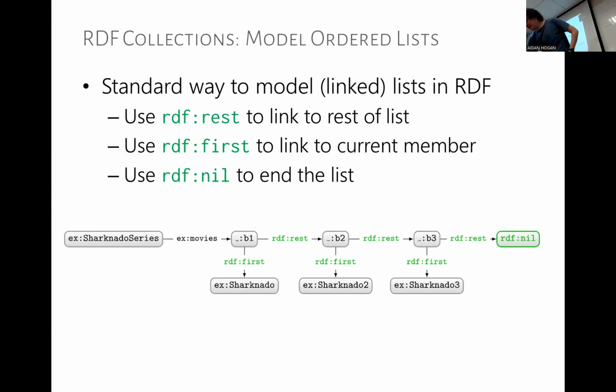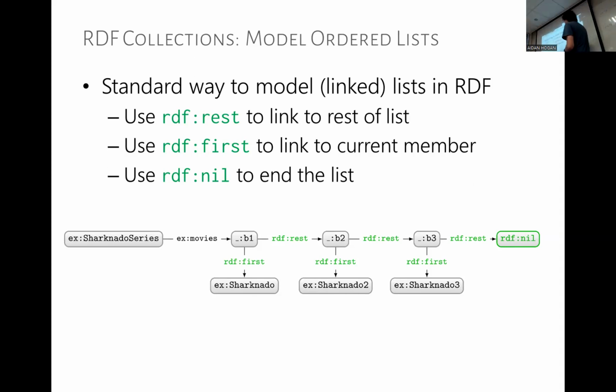So what we do in RDF is we define essentially a linked list that defines an ordered list of elements. We have three terms for this that are defined in the RDF vocabulary as part of the standard: rest, first, and nil. Rest is used to continue a list, first gives the element of the list, and nil is used to end the list.